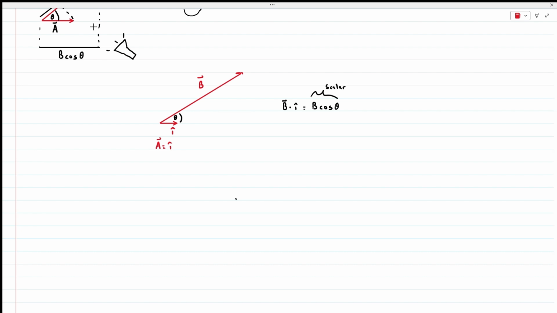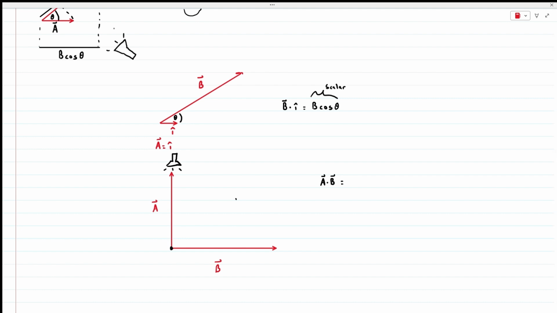Another case we can look at is if A and B are perpendicular. Let's say we have this vector here, vector A, and the vector here, vector B. Now, of course, if we took the dot product of this vector A and B, the component of A pointing in the direction of B, shining down this flashlight here, would just be a dot.